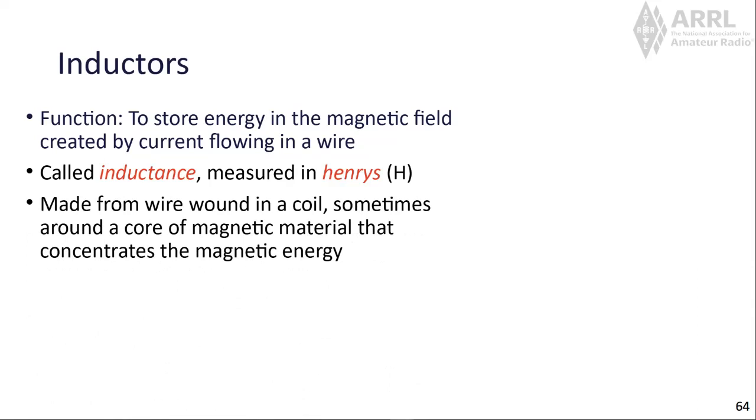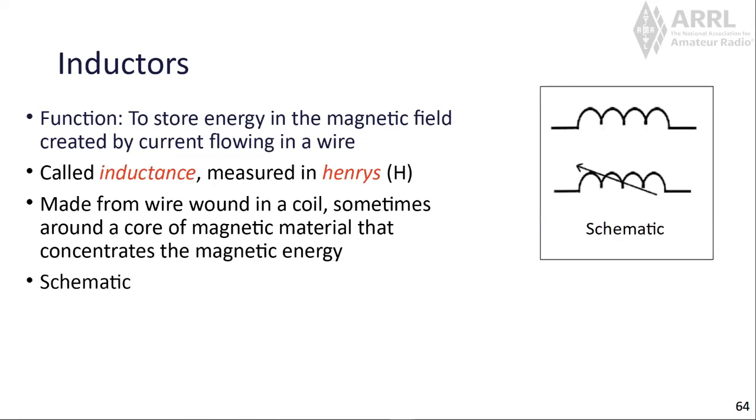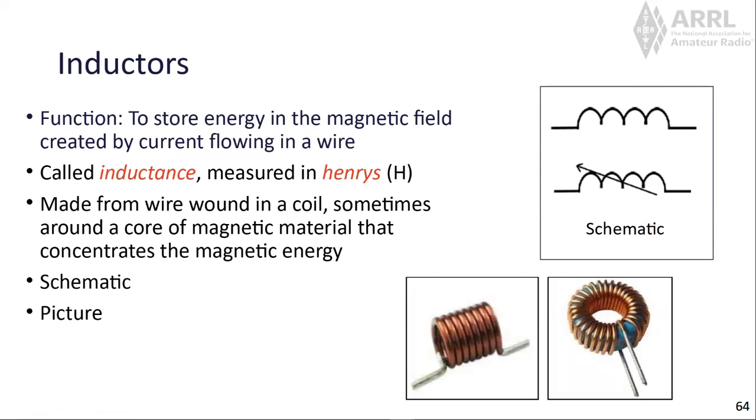All right, made from wire wound in a coil, sometimes around a core of magnetic material that concentrates the magnetic energy. And here is the symbol you see on the schematic. If you notice, this one is rounded. It kind of imitates the coils, one wrapped behind the other.